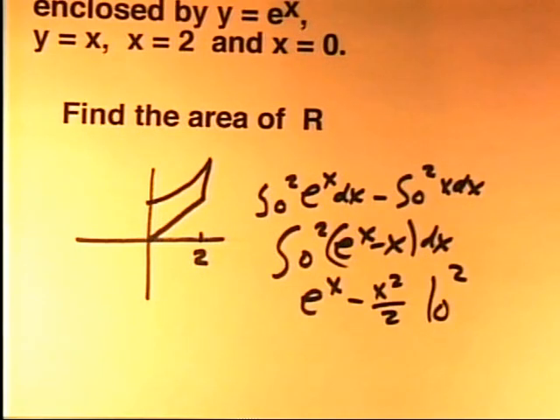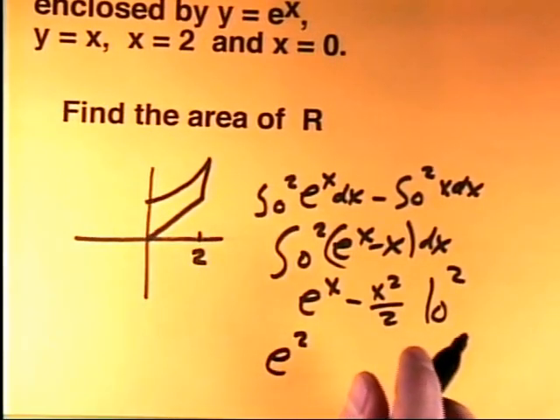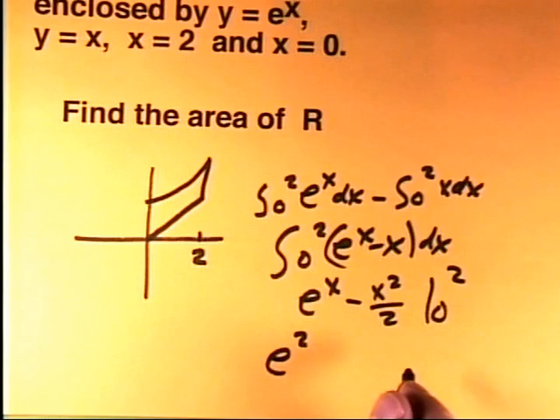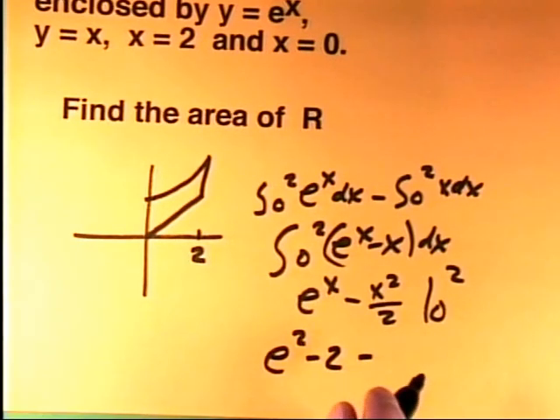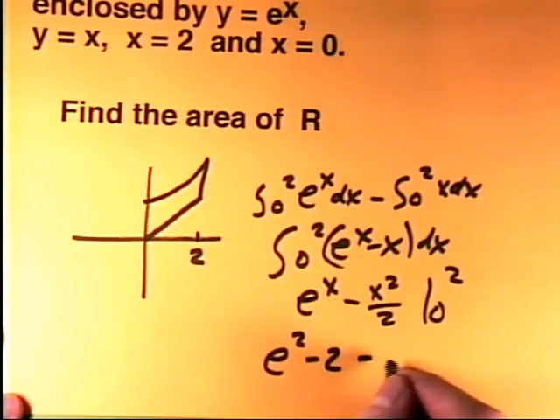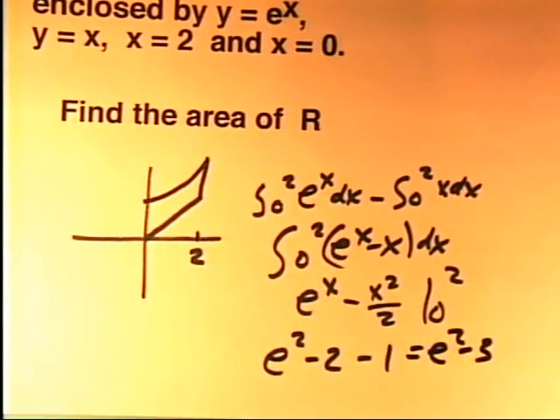You can plug in the 2 for the x, e squared, and then minus 2 squared over 2, which will be 2. And e to the 0, what's e to the 0? 1. And then minus 0. So the answer is just e squared minus 3, right? Right, DeMarcus.